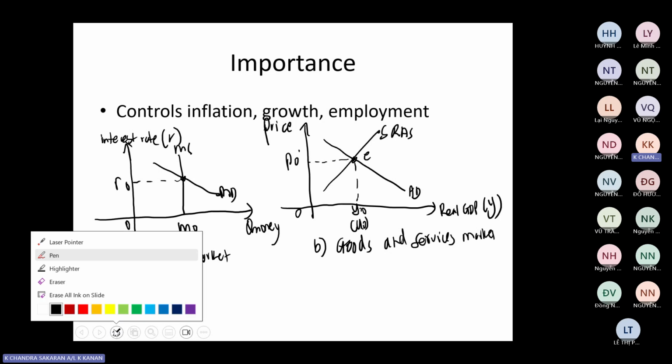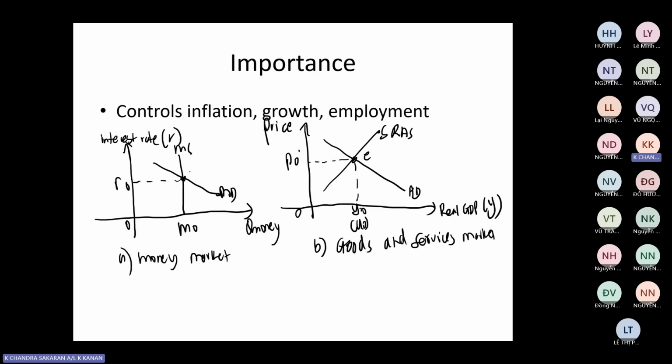For example, with expansionary policy, I told you the money supply will shift to the right. So the first change happens in the money market. What are the changes? The interest rate drops, and there is an increase in the quantity of money. So what happens when the interest rate drops? How does it affect the goods and services market?